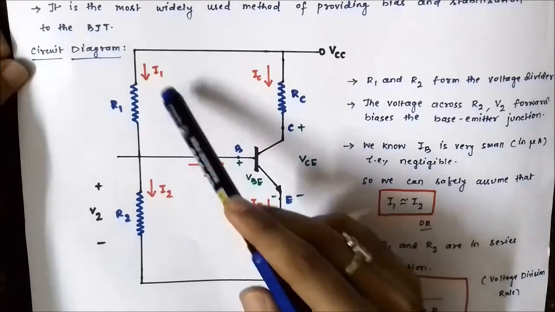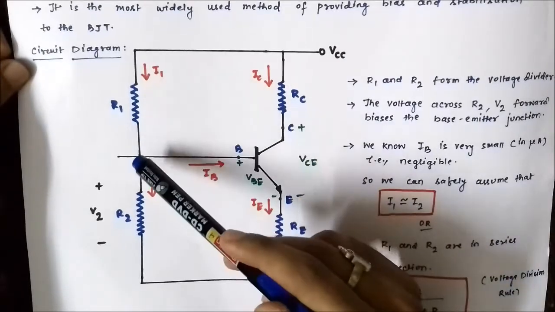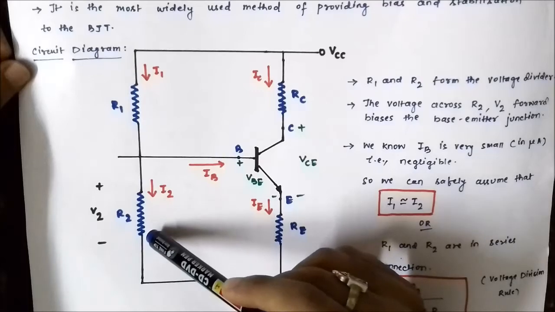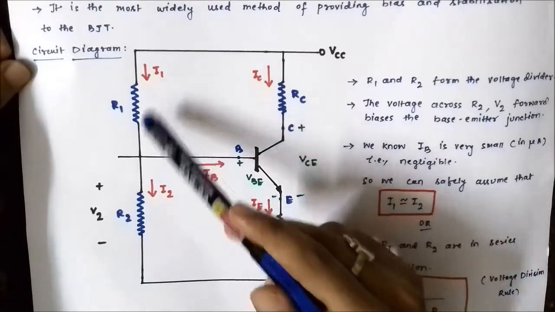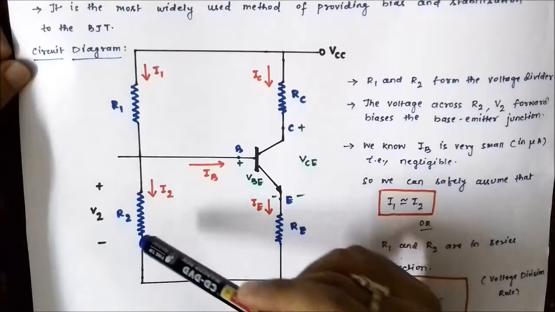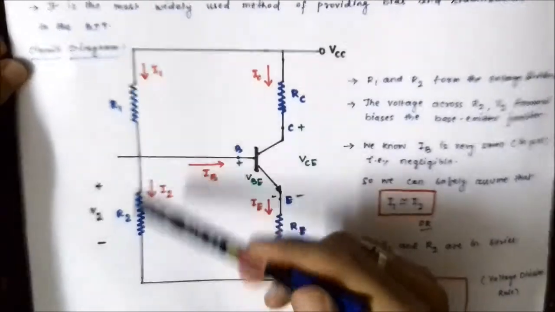So we can say that the same current flows through R1 and R2. If the same current flows through R1 and R2, it means that they are in series connection.